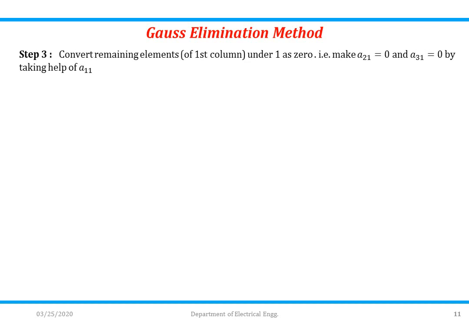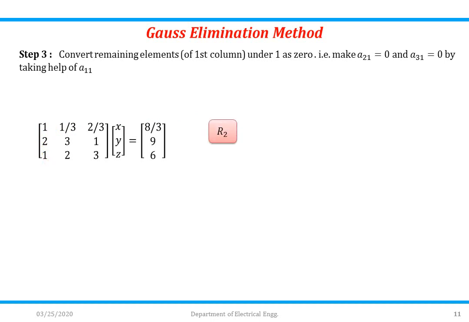Now step number 3 is to convert the remaining elements of the first column under 1 to 0. That is, make A21 equal to 0 and A31 equal to 0 by taking the help of A11. With the help of this element, I want to make this element a 0 and this element a 0. So now I want to make a change in R2.